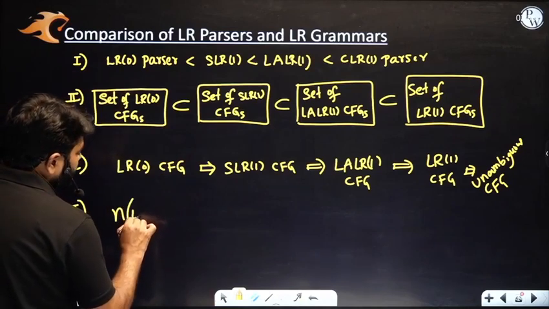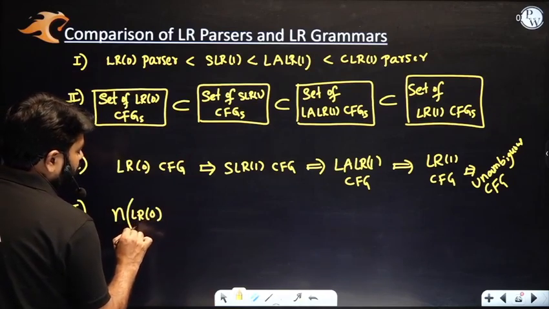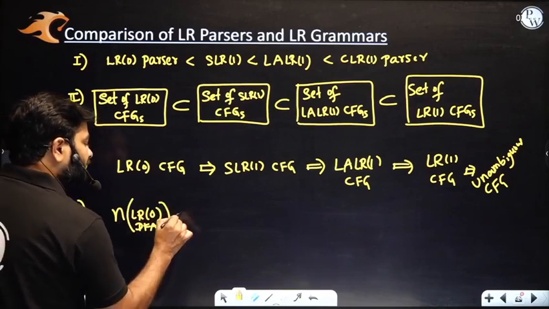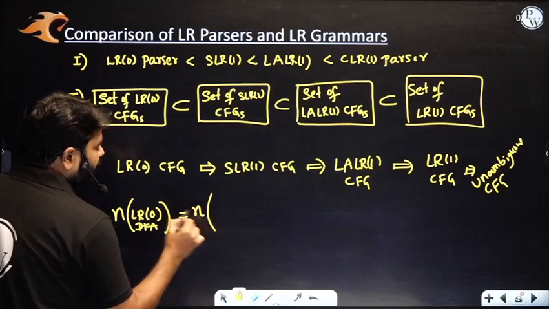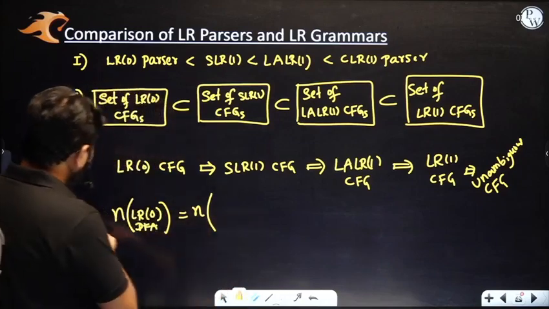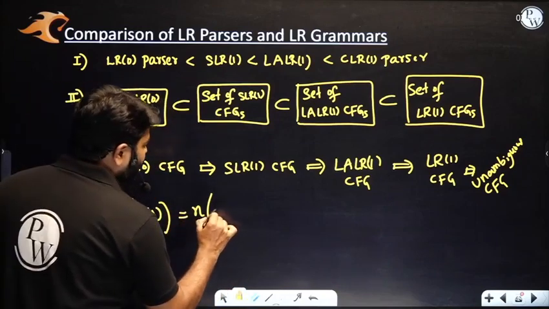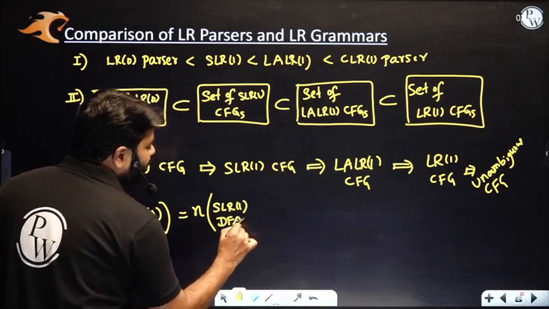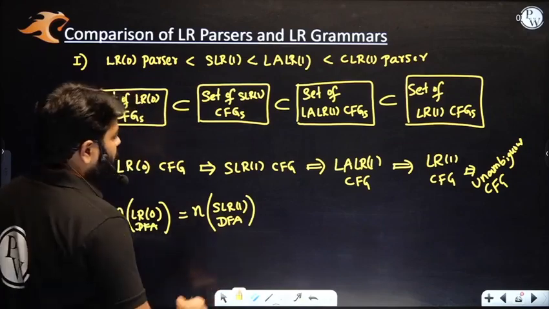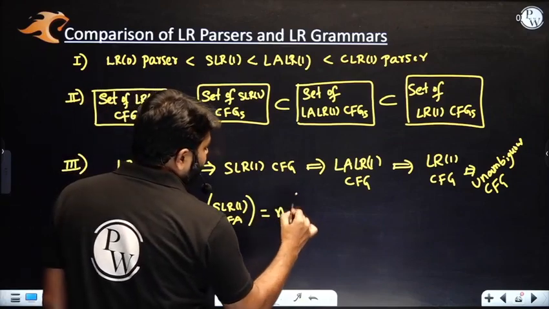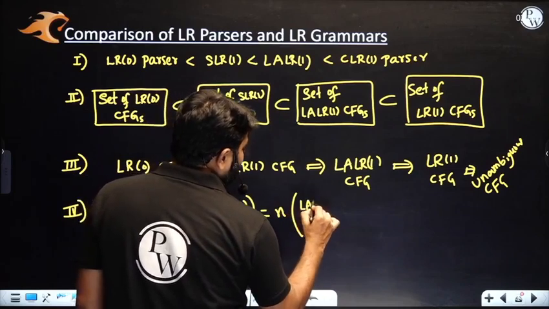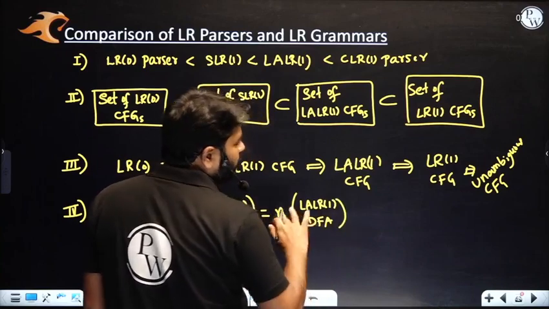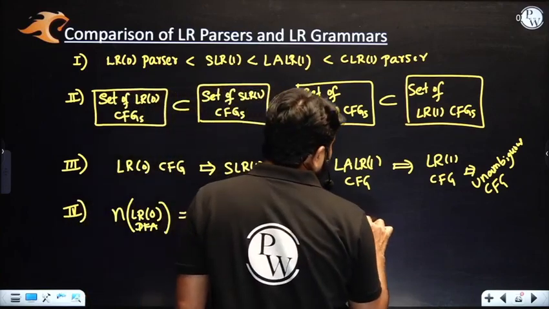N of the LR0 table or LR0 DFA is equal to n of SLR1 DFA. If you want a table, n represents the number of rows, which is equal to the number of states in LALR1. Same for the same grammar we are talking about. This is a comparison of all four parsers for the same grammar.